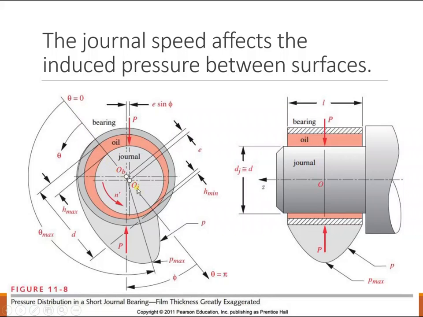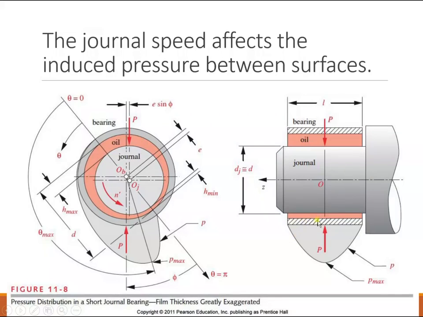This is a graph that shows how P moves as a function of theta. So we're considering running, and now we're going to say theta is equal to 0 when we're in line with the eccentricity. In other words, if I were to draw a line from the center of the shaft to the center of the housing, that's going to be my theta equal to 0.